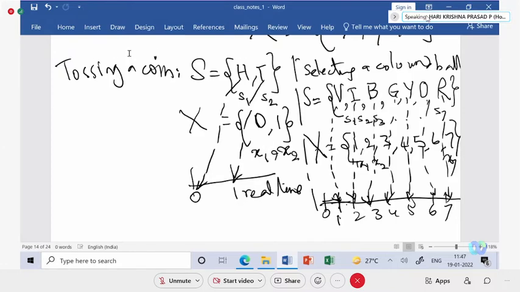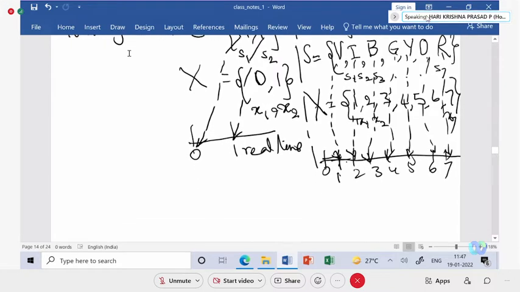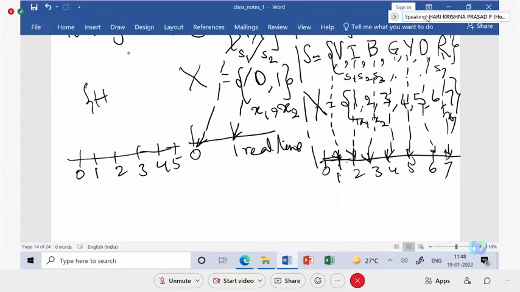Now, what is the rule based on which we assign numerical values to the outcomes of the experiment? So, the mathematical rule can be decided by you. Okay. Instead of assigning H to 0, you can assign H to any value. If I have a real axis like this, you can assign H to 1.5 or 3.